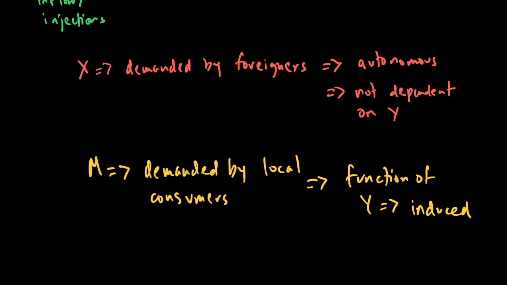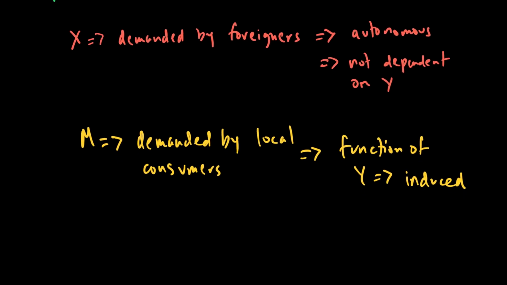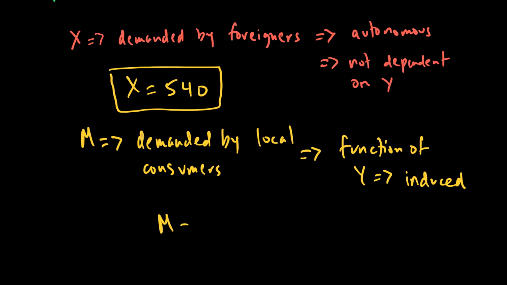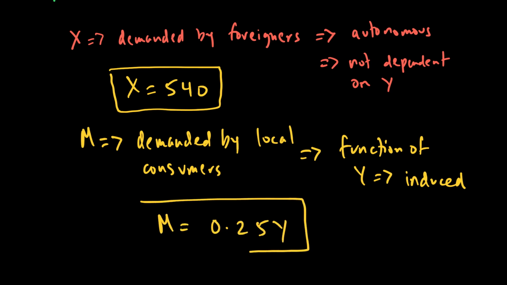Simply because if income goes up, people can buy more of a good. So in our model, let's assume X is equal to 540, which is a constant, not a function of Y, and let's assume imports M is 0.25Y, which means if I give you $1, 25% of that dollar will end up being consumed in imports. So exports are autonomous and imports are induced.